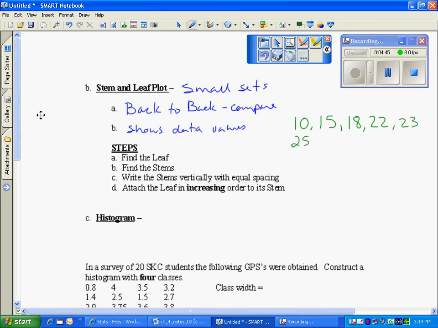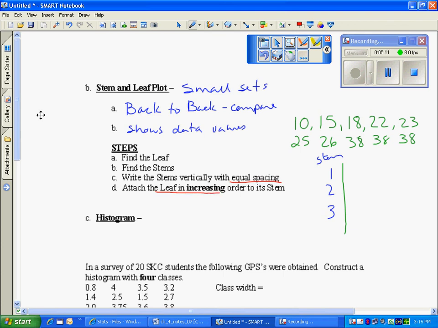So if we take a quick look at this data set that I'm making up, maybe this represents ages. We're going to draw a line. On the left-hand side is the stem, 1, 2, 3. And on the right-hand side is a leaf. But what we need to do is worry about equal spacing and increasing or decreasing order.